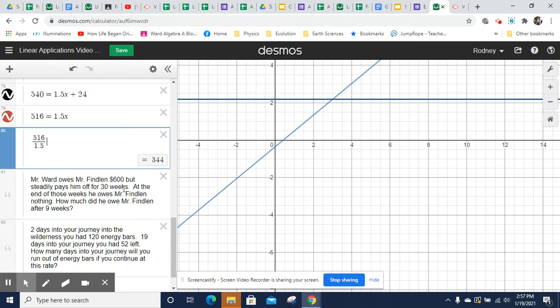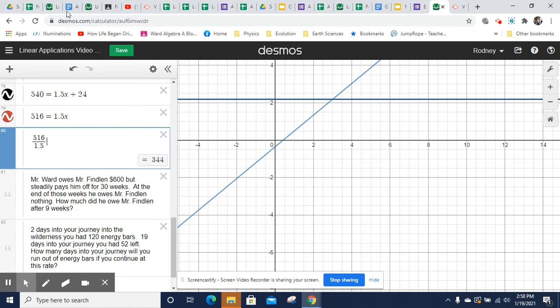And after 30 weeks, I have no debt because I've paid him off. So this is a starting point at negative 600, so 0, negative 600. You could treat that as a y-intercept. And this 30 weeks is a time when I have 0 debt. So you could treat that as an x-intercept at 30, 0.